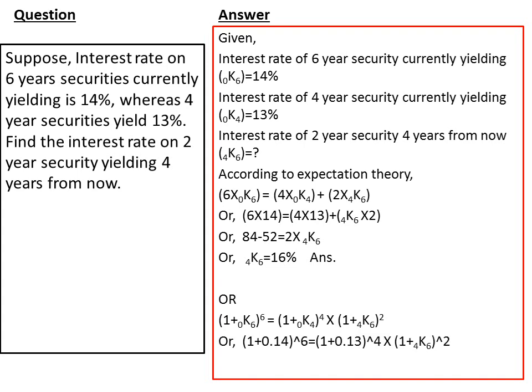Now you can get the value of 4K6. 4K6 equals 16.03%. The 0.03 is more than the additive model because of the compounding effect. But you can use whichever is easier.